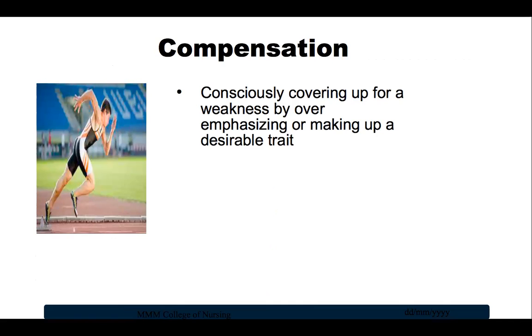For example, a student who failed in his studies may compensate by becoming the college champion in athletics, or a plain girl who cannot compete with her more beautiful sisters may compensate by studying hard and becoming first in the class. So these are consciously covering up for a weakness by emphasizing or making up for desirable traits.